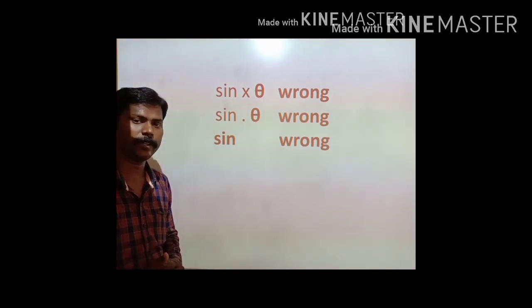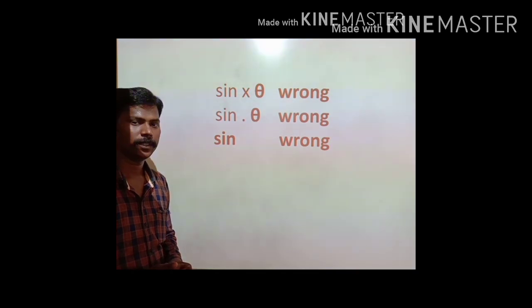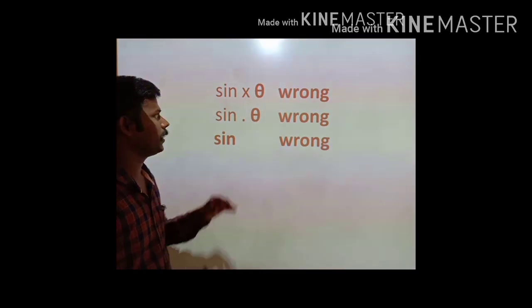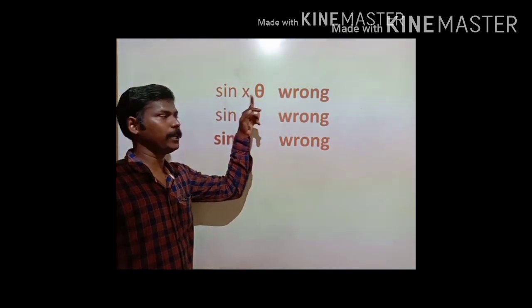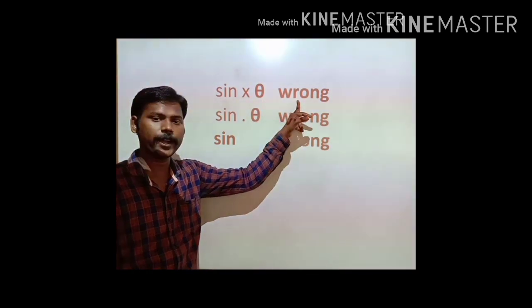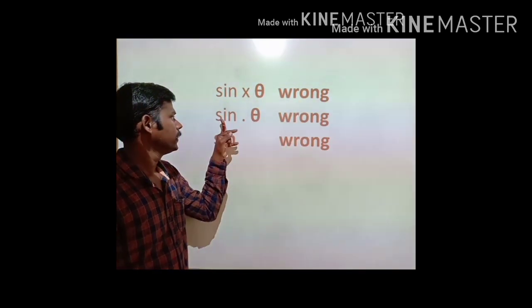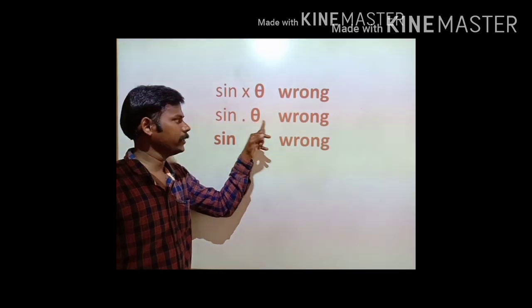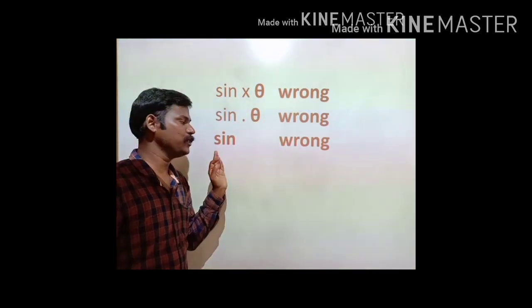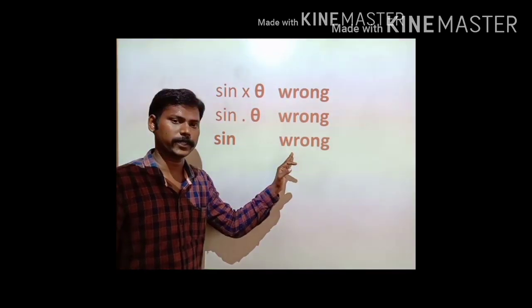opposite side by hypotenuse. Whenever you represent sine theta, don't write sine into theta. It is the wrong way of expression. Or sine dot theta, it is also wrong. Or simply sine, it is wrong. Understood, children?